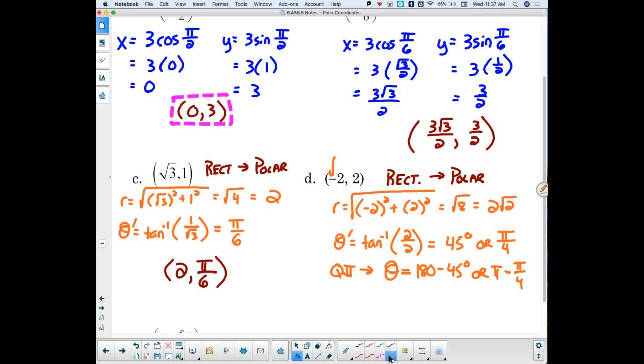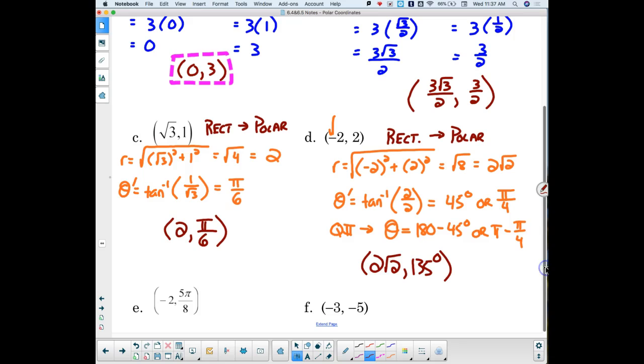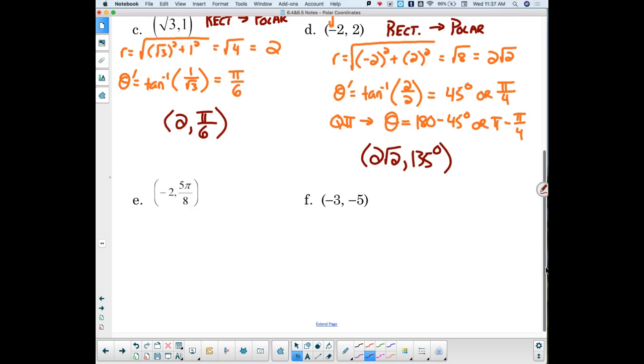So in degree mode, that would give me 135. So my point would be 2 square roots of 2, comma 135 degrees. Or it would be 2 square roots of 2, comma 3 pi over 4.